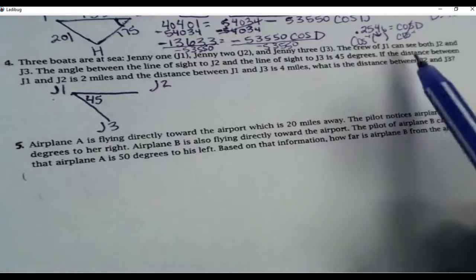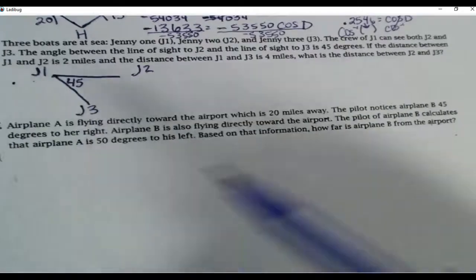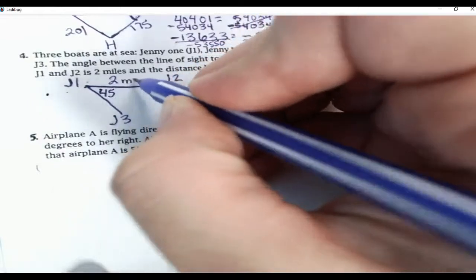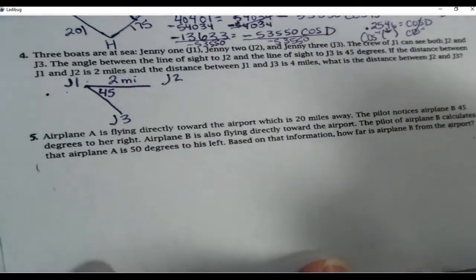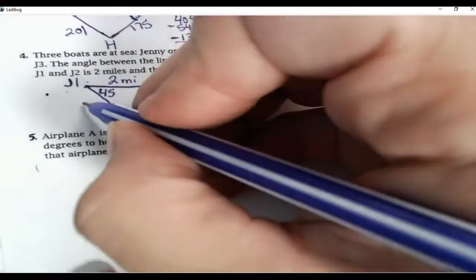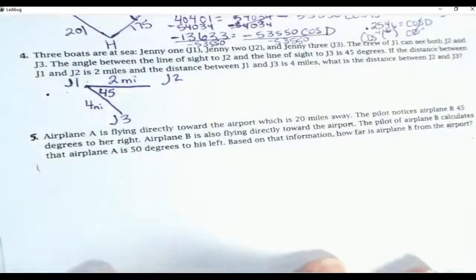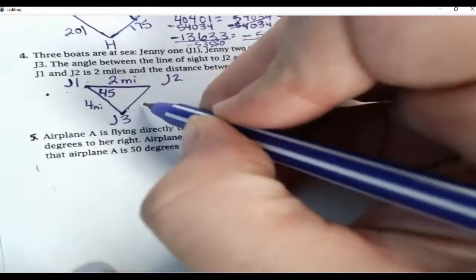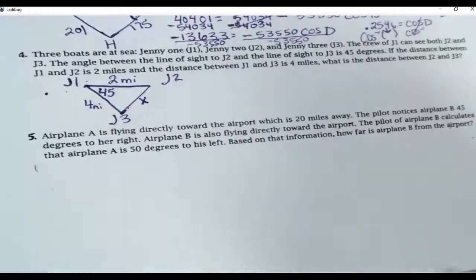So then it tells me the distance between J1 and J2 is 2 miles, so from J1 to J2 is 2 miles, and J1 to J3 is 4 miles, and we're trying to find the distance between J2 and J3. So we're trying to find this side here.